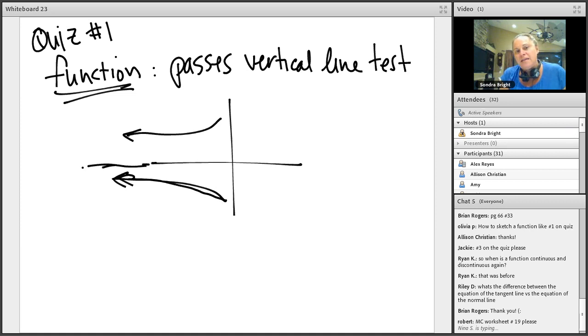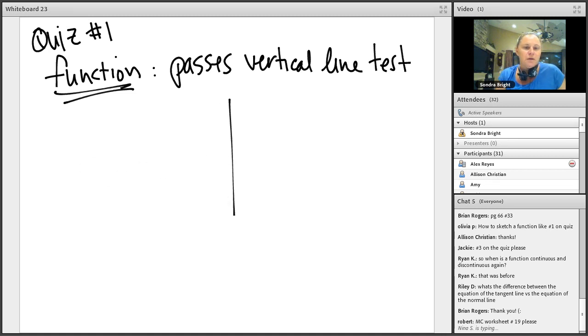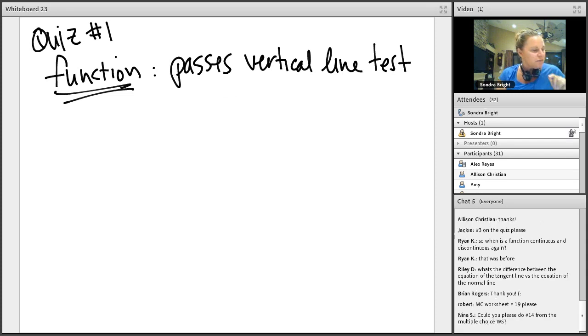But anyway, watch out. Be careful before your final answer that if it's saying a function, which more than likely it will, make sure it's actually a function, that it'll pass the vertical line test.